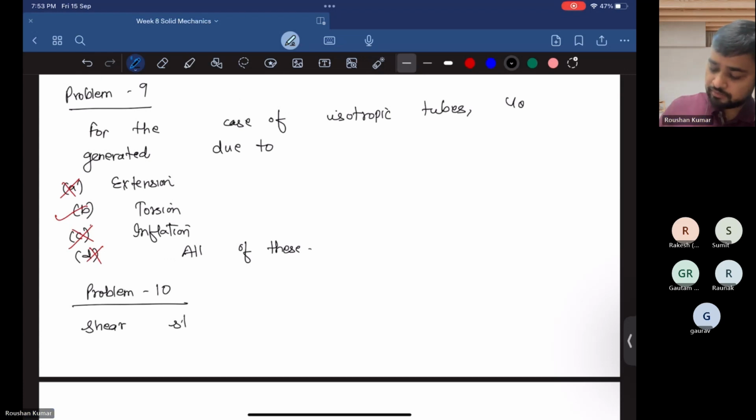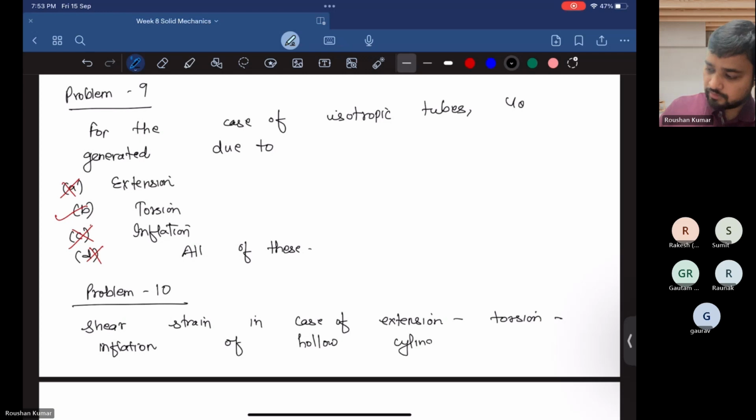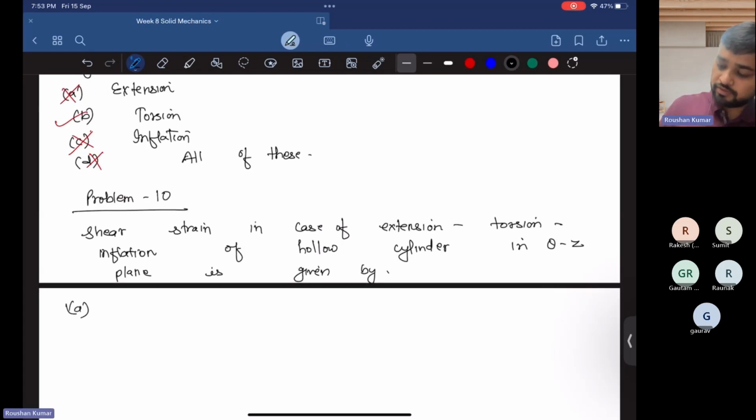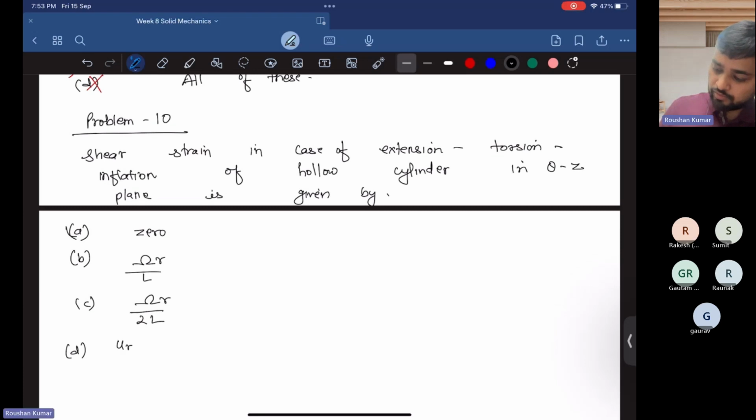Shear strain in case of extension, torsion, inflation of hollow cylinder in theta z plane is given by, the first option is 0, the second option is omega r upon L, the third option is omega r upon 2L, and the fourth option is ur upon r.